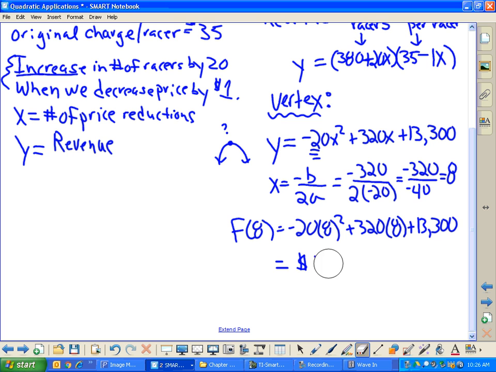Watch your order of operations. So you square your 8, multiply it by negative 20. And what we get out of that, $14,850. $14,850 would actually be his maximum revenue.